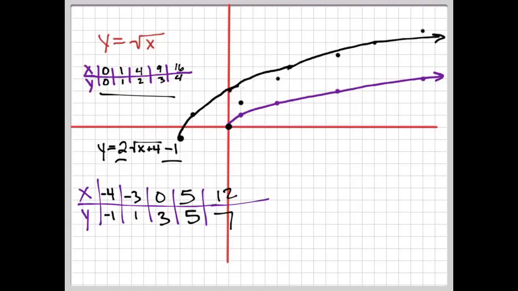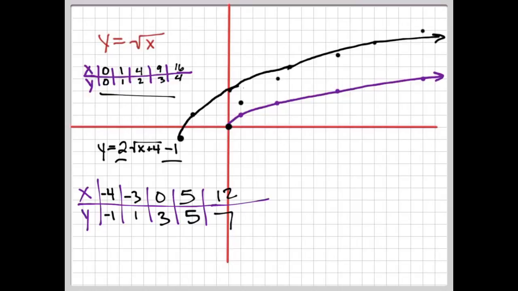Okay, if you really want to, you can start with the table, and you can plug in x values that will give you a perfect radical. You just got to look at what's underneath there. Since it's x plus 4, and my smallest number where the square root is 0, I'm going to need to plug in negative 4. Okay, and then I can go up by odds. This goes up by 1, 3, 5, 7, right?